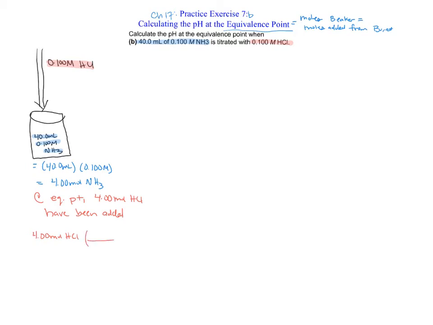I use my molarity to convert. It's given 0.1 molar, so that's 0.100 moles HCl for every 1 liter. And so what that ends up with is 40 milliliters of HCl must have been added to reach our equivalence point.